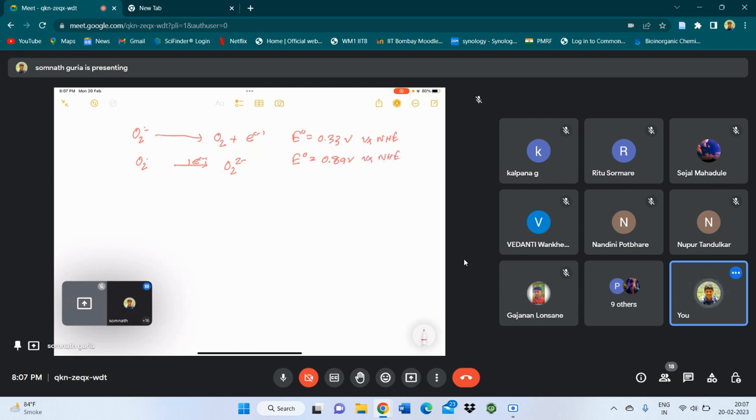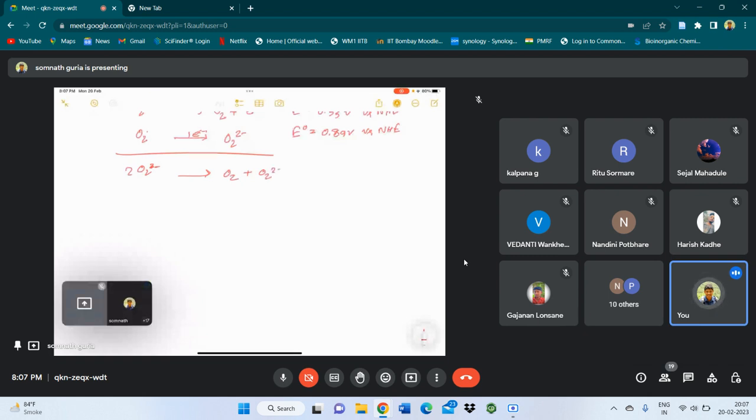So the overall reaction is 2O2 dot minus to oxygen plus O2 2 minus.